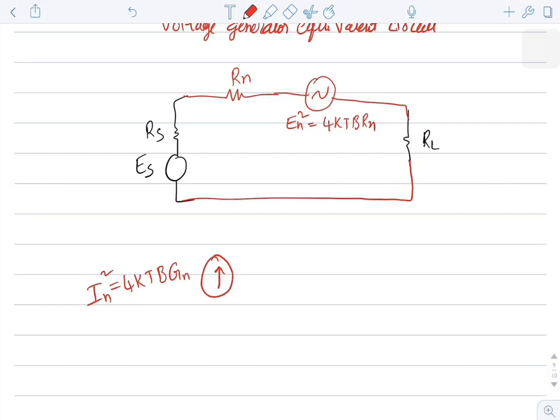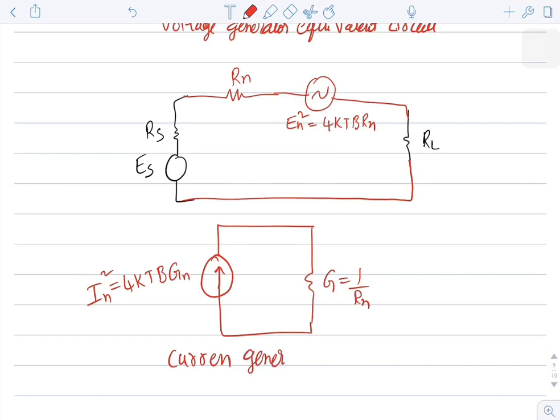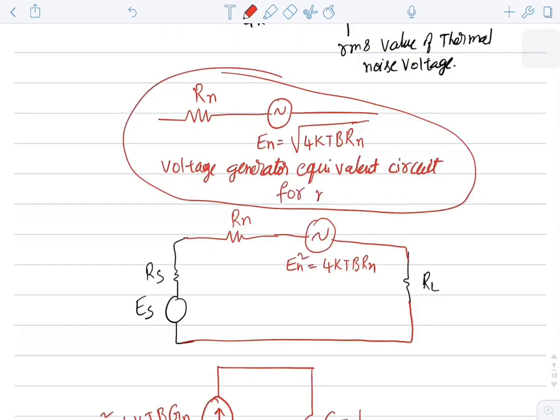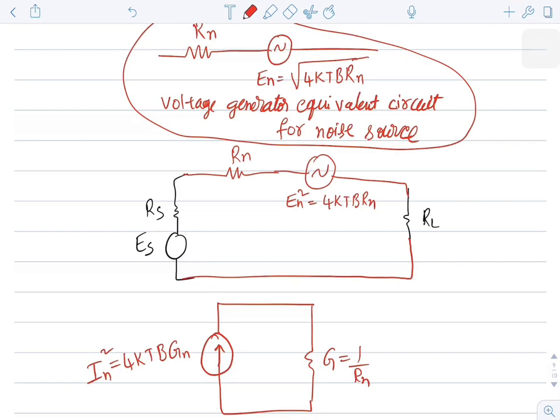Instead of resistance, now you will use conductance G, and this is the noise conductance G suffix n, in shunt with a conductance whose value is 1 by RL. This circuit is called the current generator equivalent circuit for noise source, whereas the previous circuit is the voltage generator equivalent circuit for noise source. Now you know how to represent the noise in terms of Thevenin's equivalent as well as Norton's equivalent circuit.